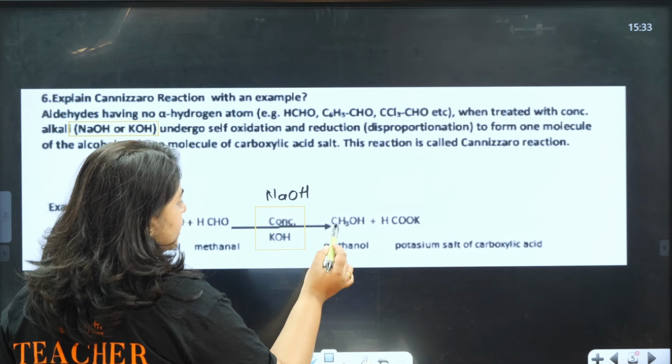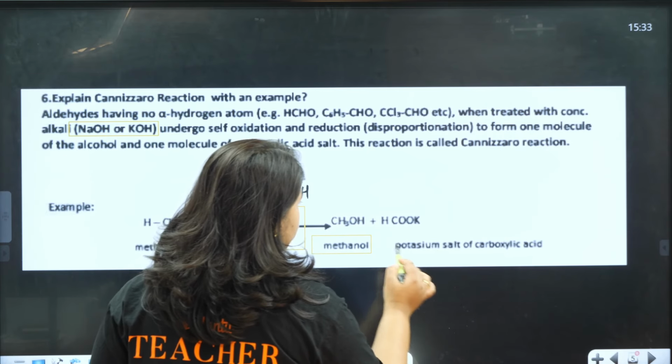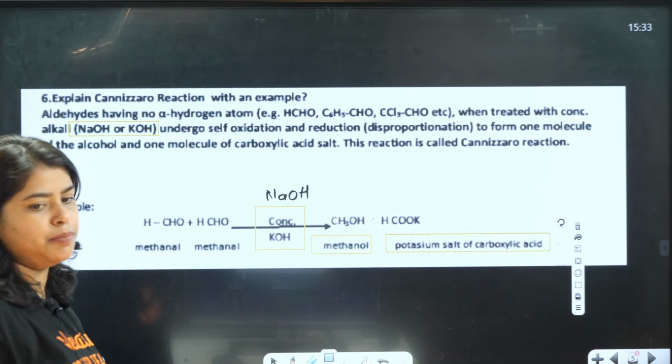So what comes? Methanol and the potassium salt of carboxylic acid are formed.